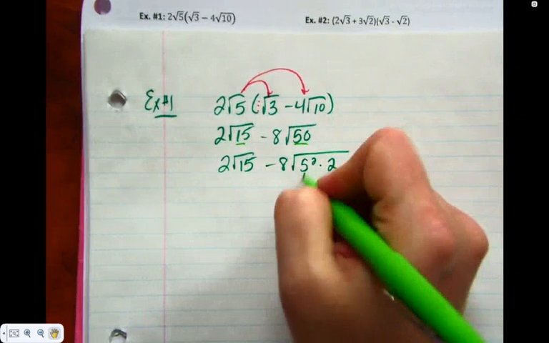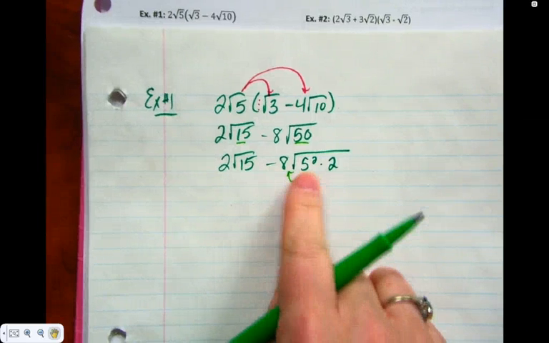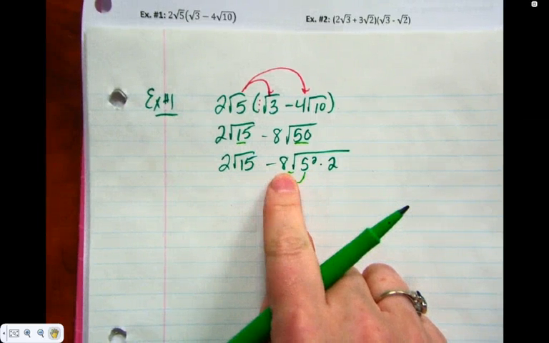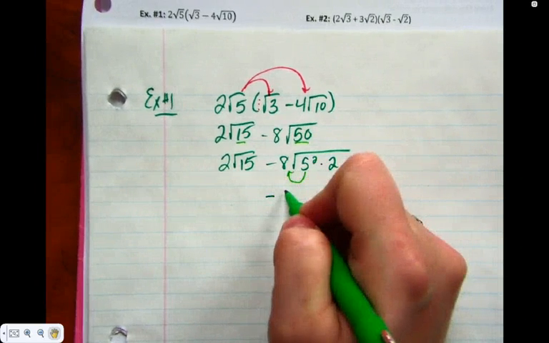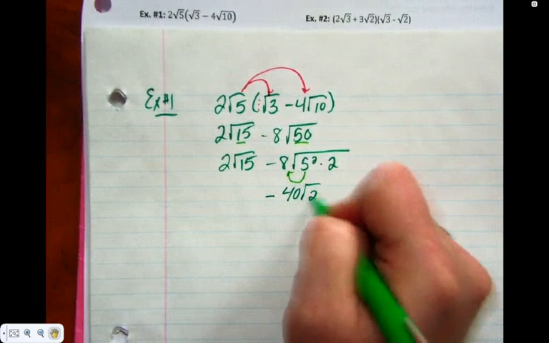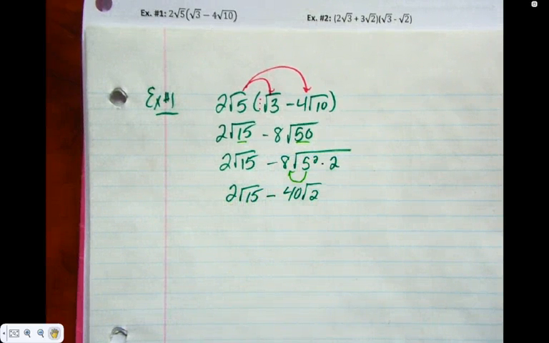What's going to happen to this 5 squared when the 5 comes outside? The squared disappears. I've already got a negative 8 out here, so when I join the 5, what's going to happen? Negative 40 root 2. That's final answer. That's it.